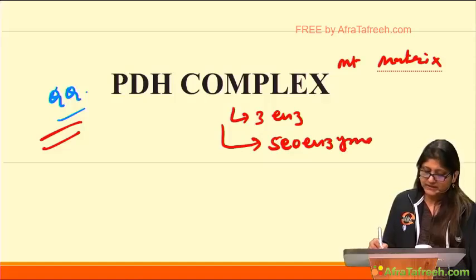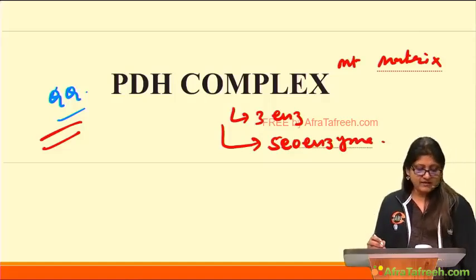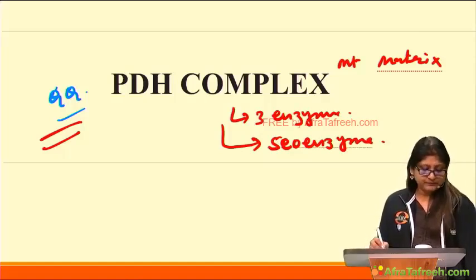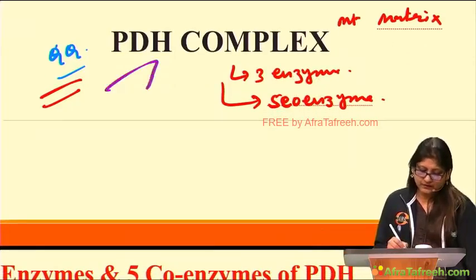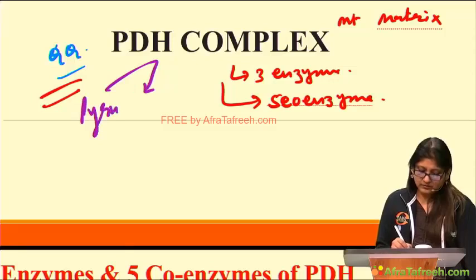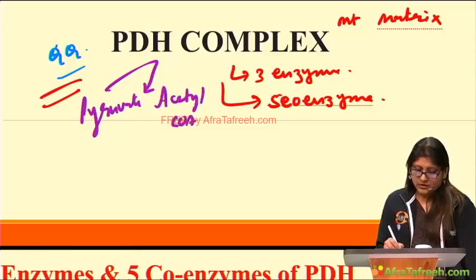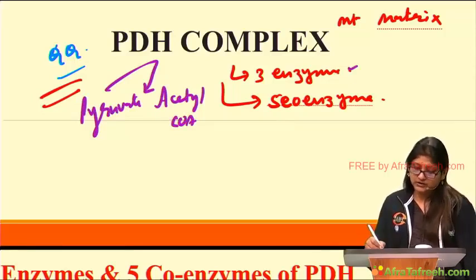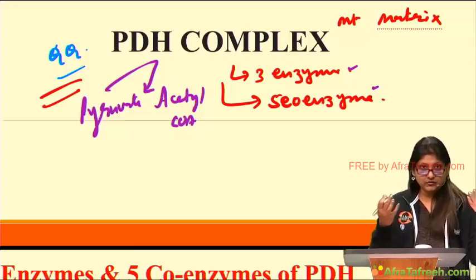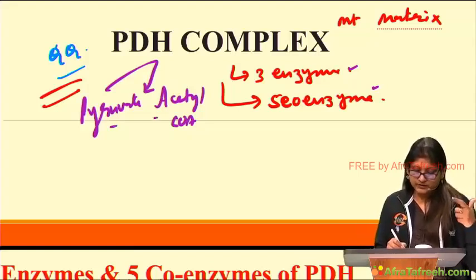What are the 3 enzyme names and what are the 5 coenzyme names, right? And this PDH complex is doing what? PDH complex is converting pyruvate to acetyl-CoA. So a lot of tamjham is required in the PDH complex. You need to have 3 enzymes, 5 coenzymes, which collectively are going to convert the pyruvate to acetyl-CoA.